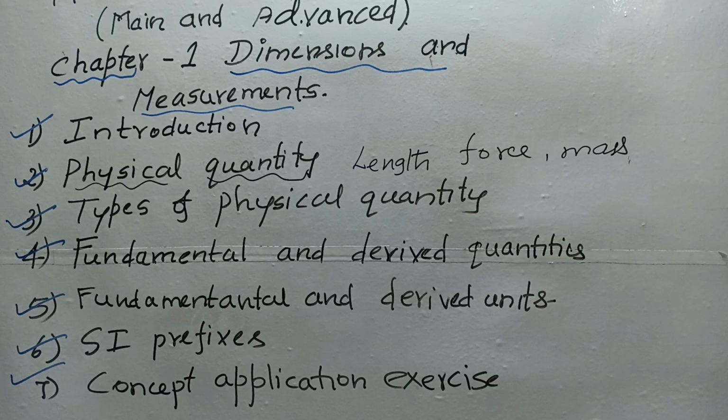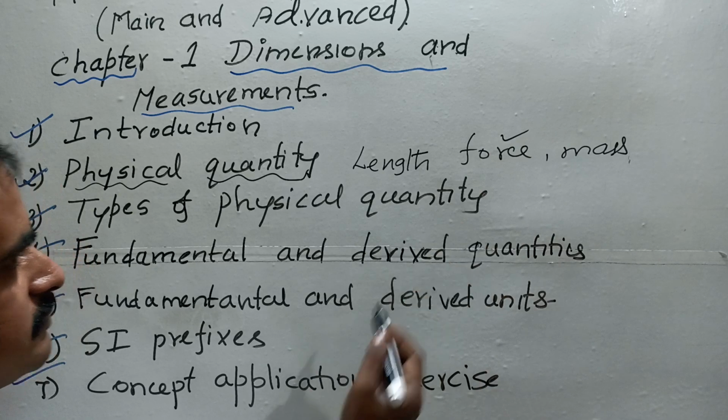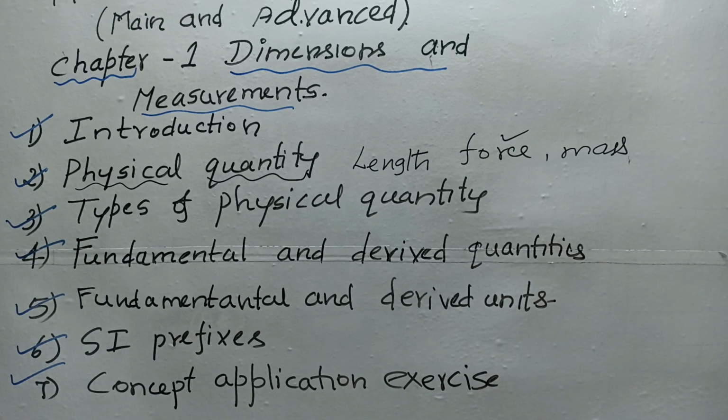So length one can measure by using a centimeter scale or meter scale, and mass one can measure by using a weighing scale. Any quantities, if you can measure, such physical quantities are called measurable physical quantities.